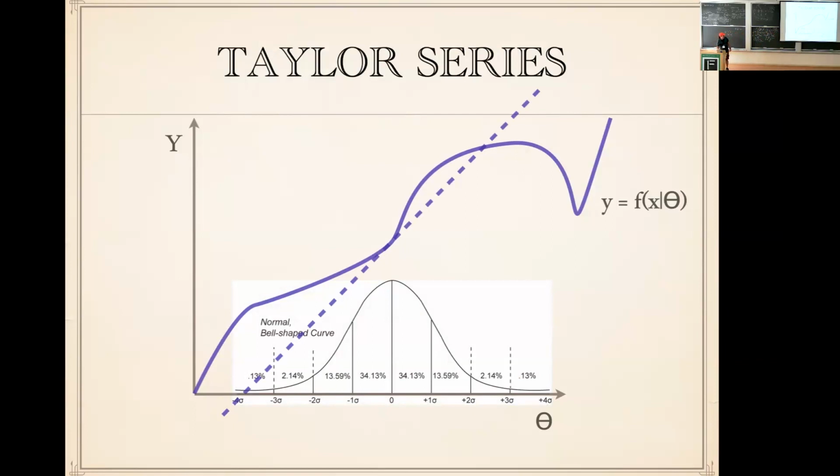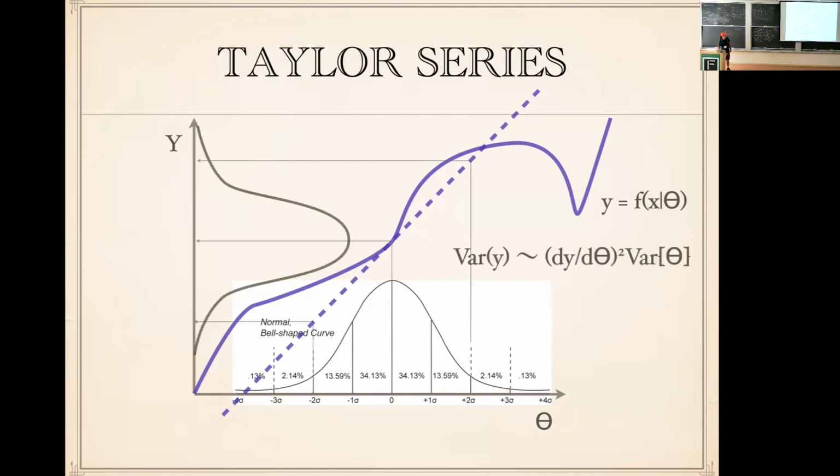Whether that's a good thing to do depends on how nonlinear the function is, as well as how uncertain your inputs are. If the variance of this was very large, then this is a really bad approximation. But if the uncertainty was very narrow, and I'm just doing the translation around there, it might be a fine approximation. The basic idea is you're doing the uncertainty translation around the linear tangent approximation.